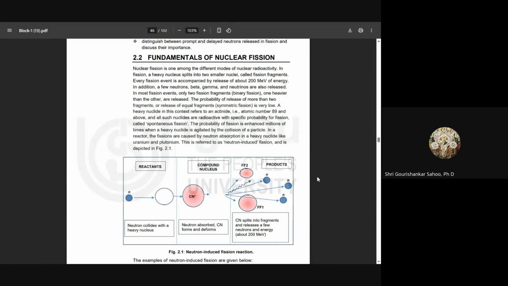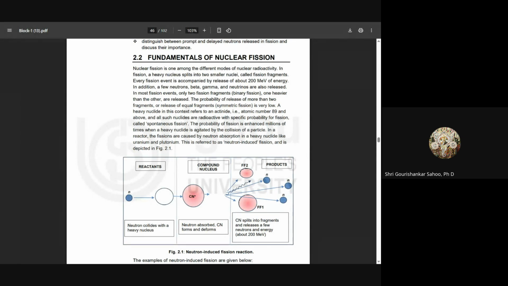And it is shown in the picture. There is a neutron, and your uranium or plutonium nuclide in the reactant space.